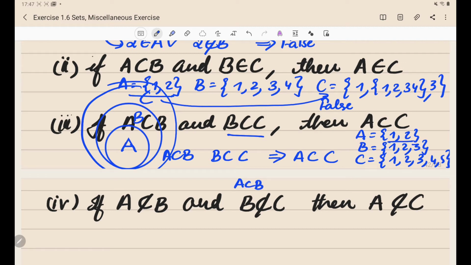All the elements of A are also included in the set B. Similarly, B is also a subset of C, it is said. So all the elements of B are also included in C. So B is also a subset of C. What this implies is A is also a subset of C. That is, all the elements of A are also included in the set C.